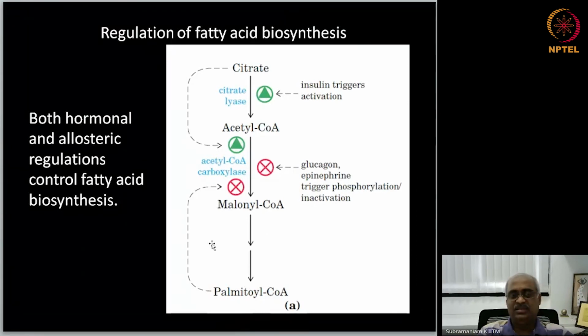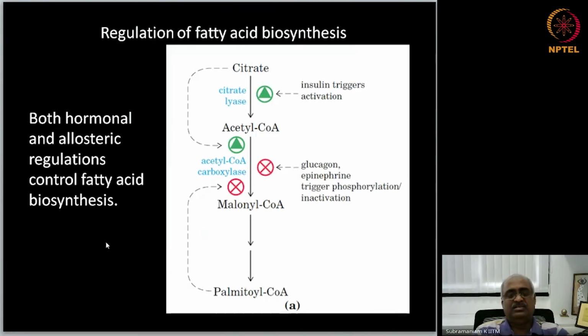And now we have seen allosteric effectors, positive effect by citrate, negative by palmitoyl-CoA. So this is a key enzyme, and therefore there are multiple levels of control, meaning multiple molecules regulate it, but two important distinct mechanisms. One is allosteric regulation and another one is covalent modification. So this is how both the hormonal and allosteric regulation control fatty acid biosynthesis, because it is key.